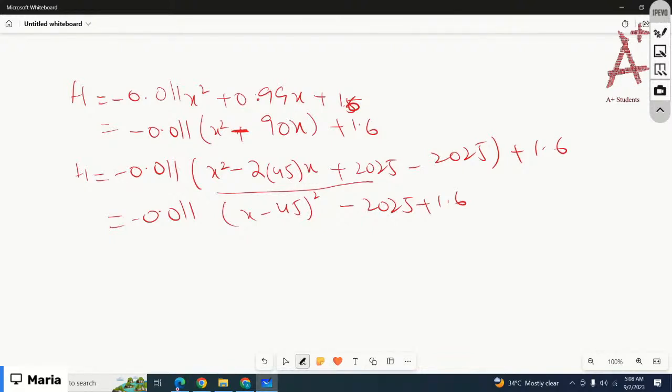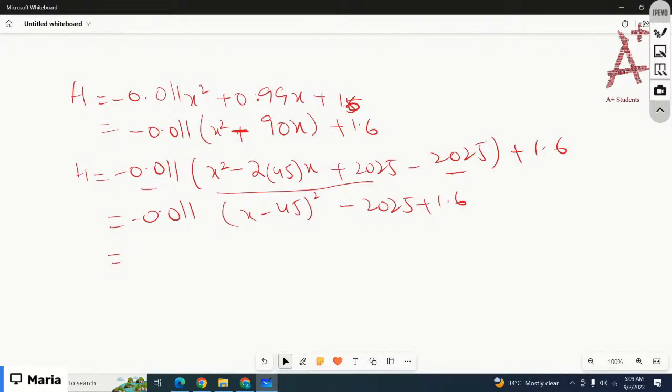Okay, so, no, this one is inside the bracket. You have to divide 2025 by 0.011, hold on. Because this one is inside the bracket, when you take it out, you have to multiply by 0.011.